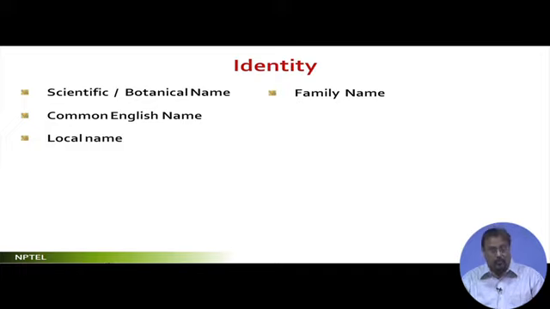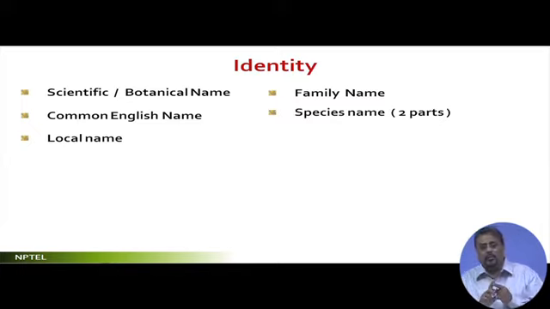So this kind of thing becomes complex when we look at the different names of different people in our country itself. For trees, you have to have a family. A tree belongs to a family, and that family may have multiple genera. So the family name is one, then the species name. Every species is under a family, and the species name has two parts.